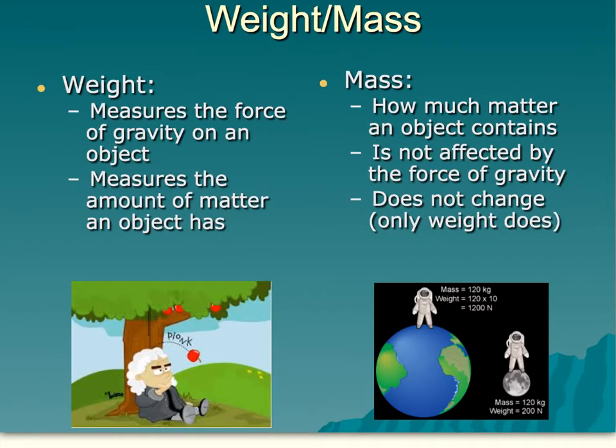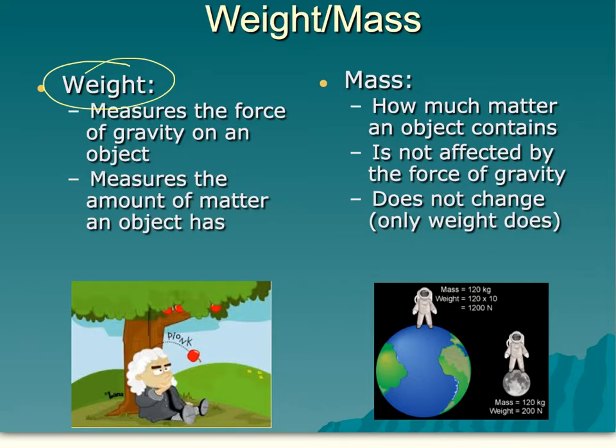Let's look at the difference between weight and mass. Weight measures the amount of force of gravity on an object. So if you're on Earth, your weight would be different than if you travel, let's say, to the moon, where gravity is less.